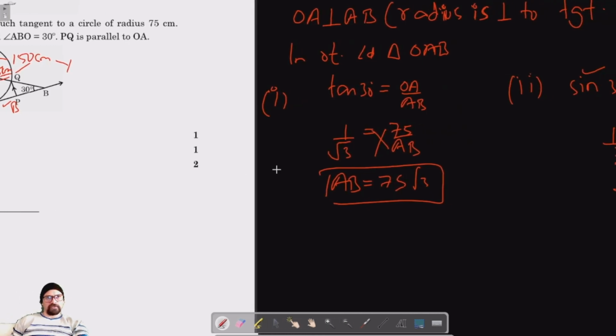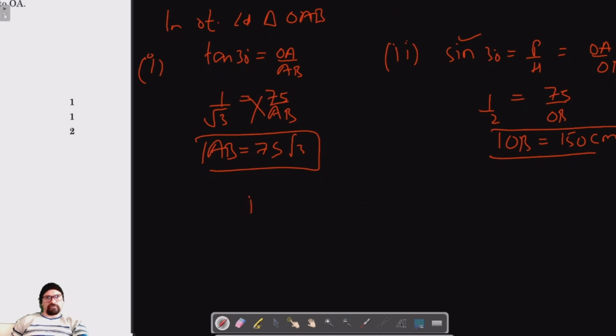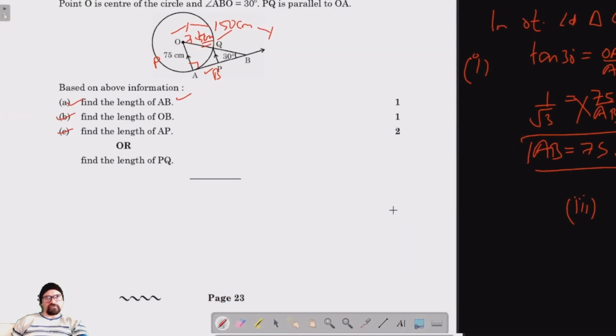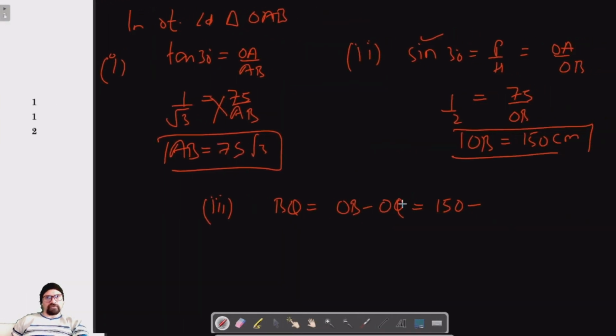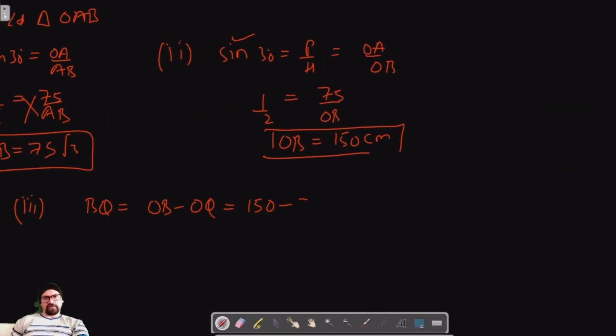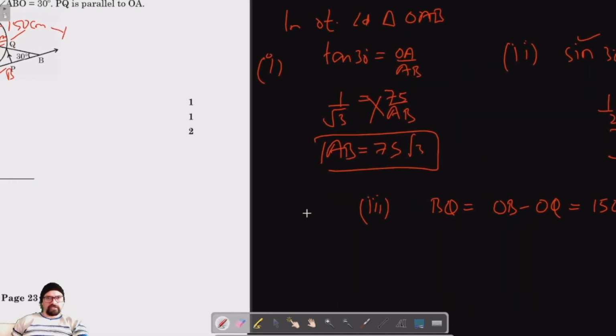Now we can get BQ. We are trying to solve the third part. So BQ is actually OB minus OQ. OB is 150 minus OQ is 75. So this is 75 centimeter.